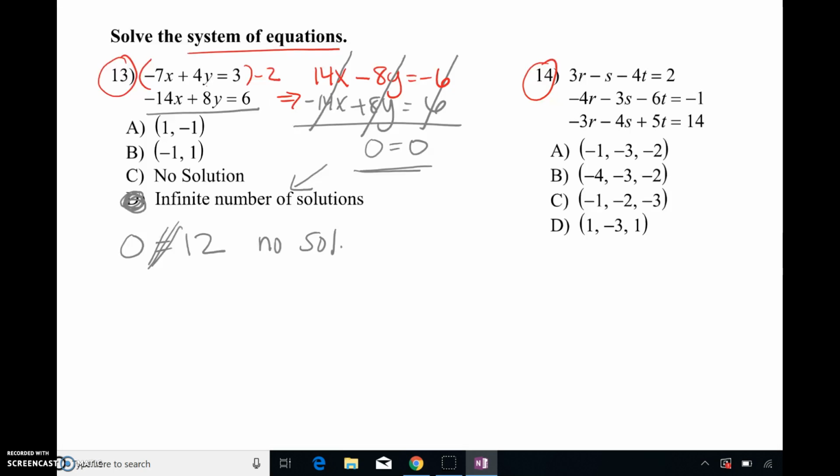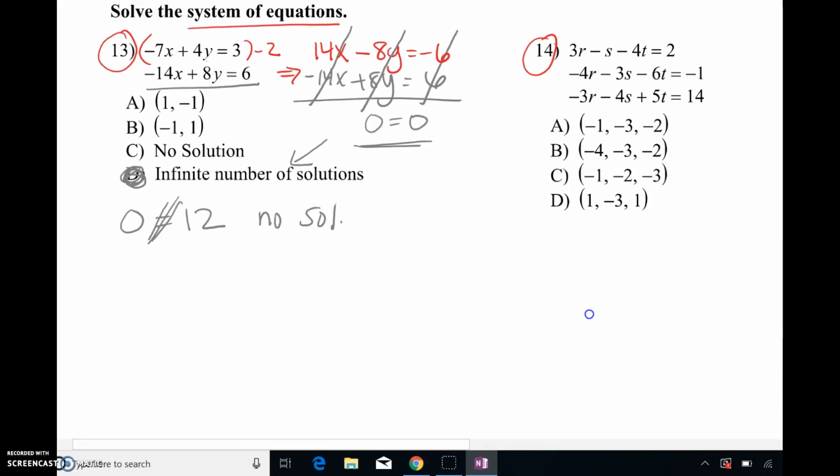Okay, now looking at number 14, same thing, it says solve the system of equations. It doesn't say how we have to do it. I'm going to label mine equation 1, equation 2, and equation 3. Now, we pretty much only taught you how to do elimination with 3x3s, right? So I'm going to look for an easy variable to eliminate.